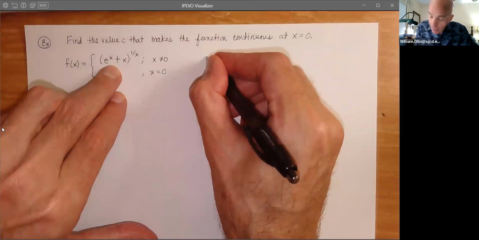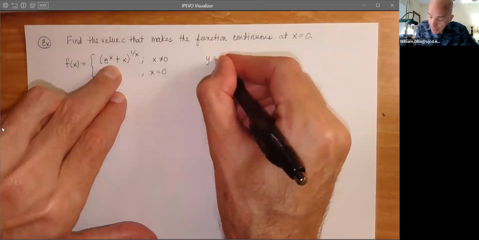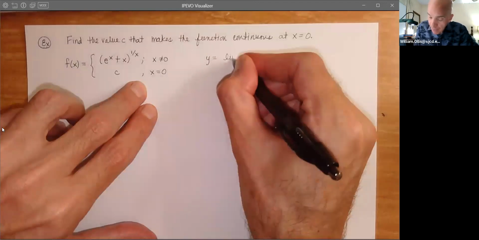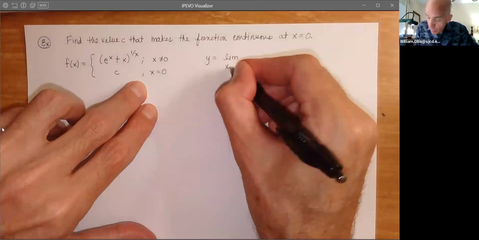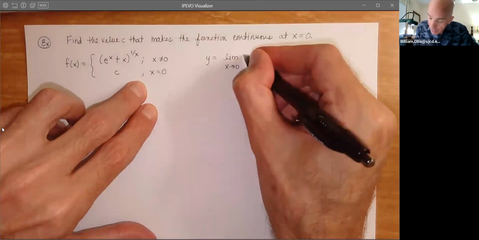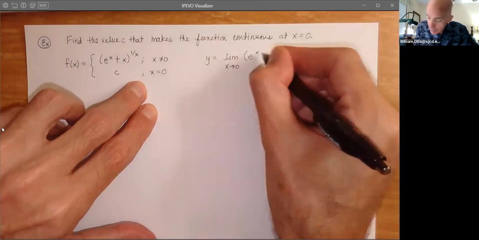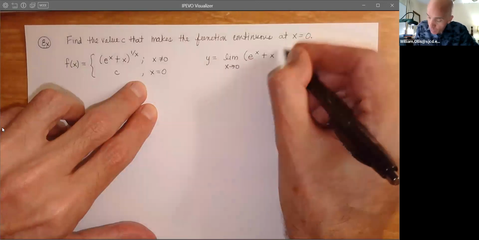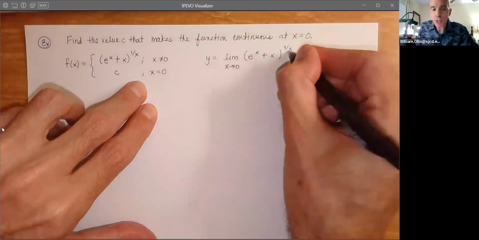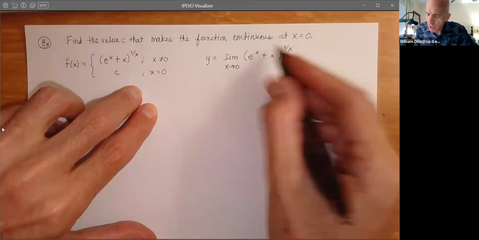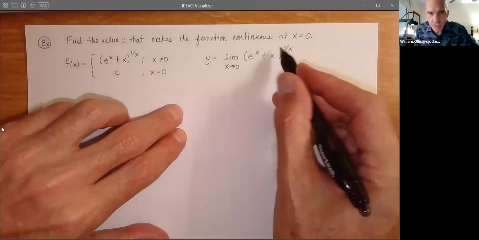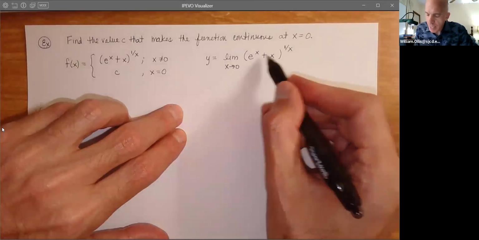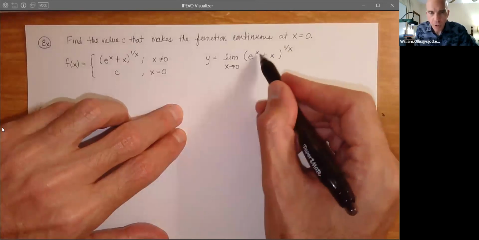let's say y is the limit as x approaches 0 of (e^x + x)^(1/x). Let's start with that. When you look at this, you think, okay, x is approaching 0, so e^x + x is getting close to e^0, which is 1.